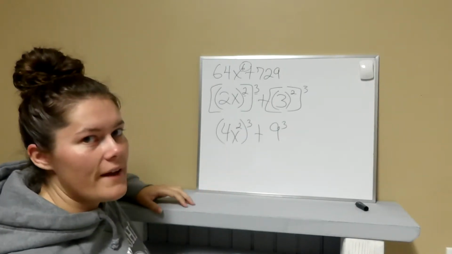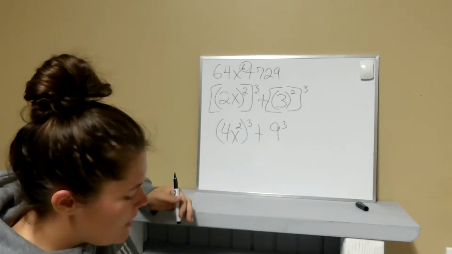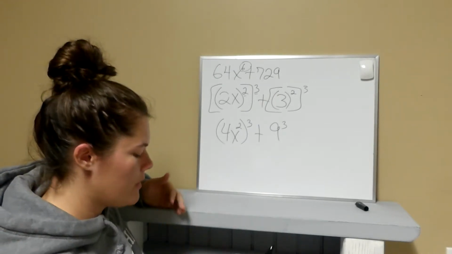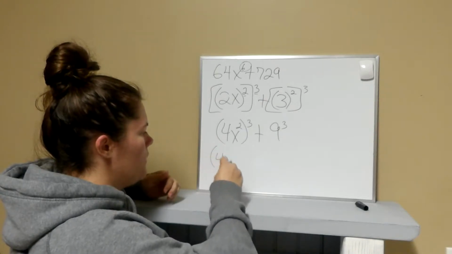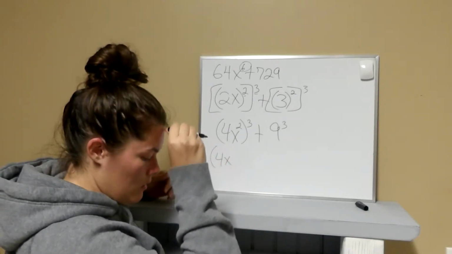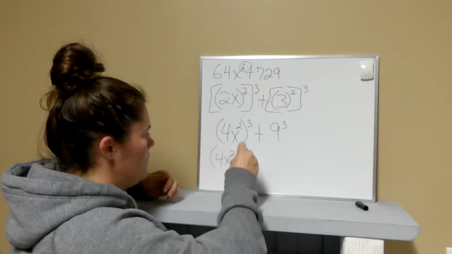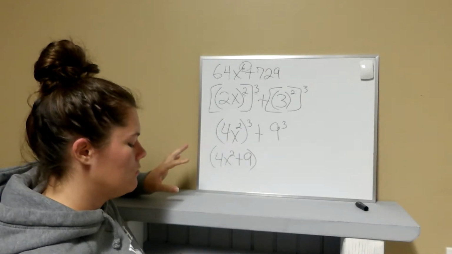So then you'd have to factor this and create a polynomial from here. So you would create a 4x squared plus 9.